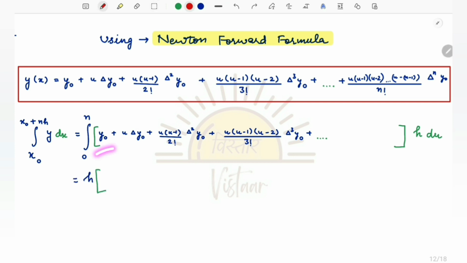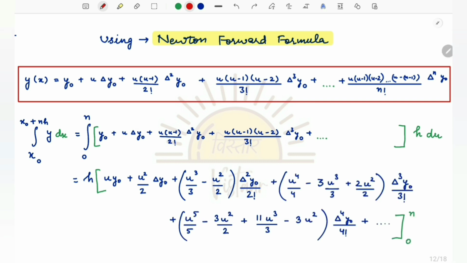Integrating y0, we will get u y0. Integrating u delta y0, we will get u square by 2 delta y0. Now integrating u into (u minus 1), we will get (u cube by 3 minus u square by 2) delta square y0 divided by 2 factorial, and integrating in a similar manner we will get all these terms.